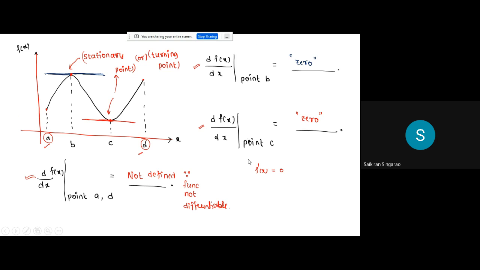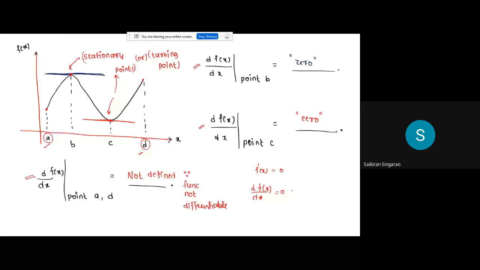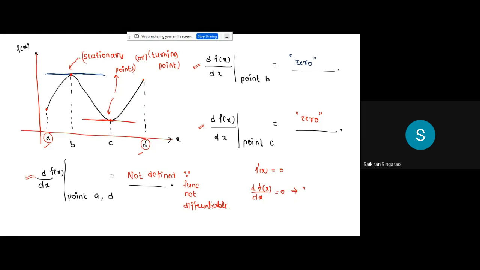So when you do first derivative equal to zero, one time differentiation means first derivative, that is f dash of x, d by dx of f of x. When you do d by dx of f of x equal to 0, you get the x values which are stationary points.